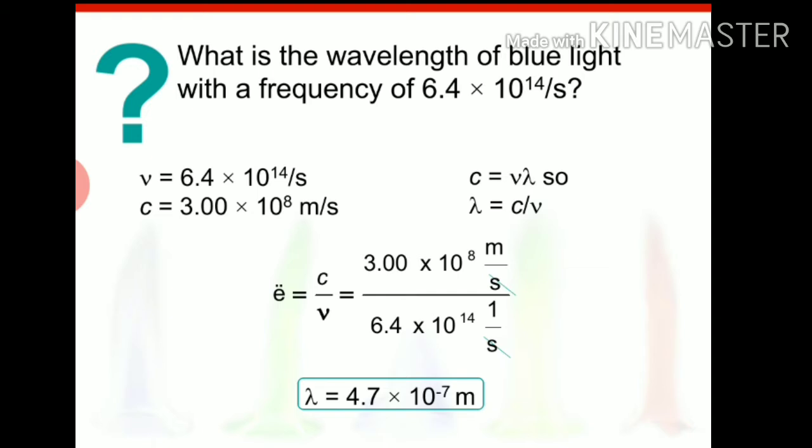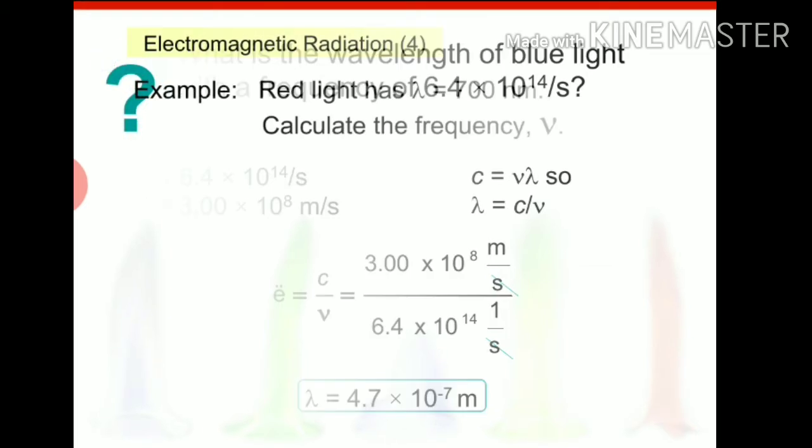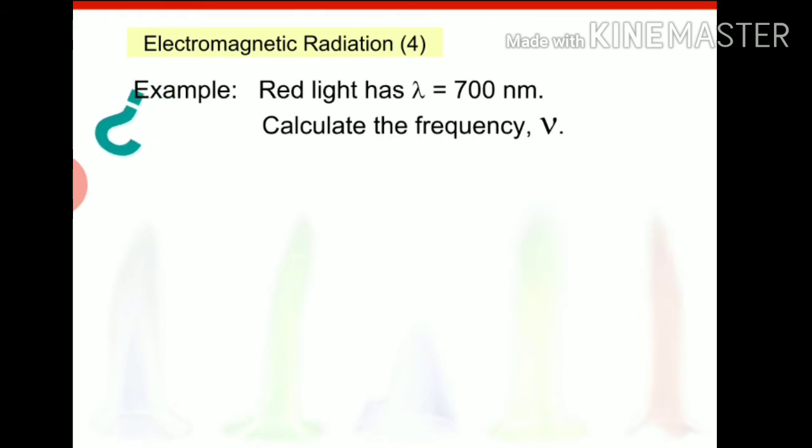What is the wavelength of blue light with frequency 6.4 into 10 to the power 14 per second? The wavelength obtained is 4.7 into 10 to the power minus 7 meter. Similarly, we can calculate the frequency from this relation.